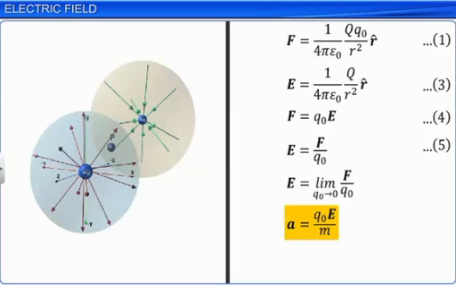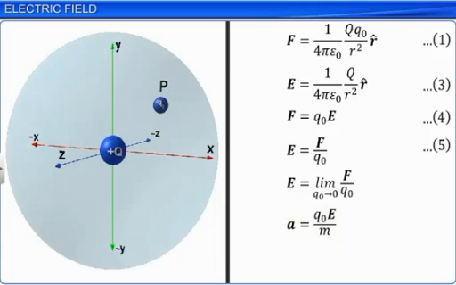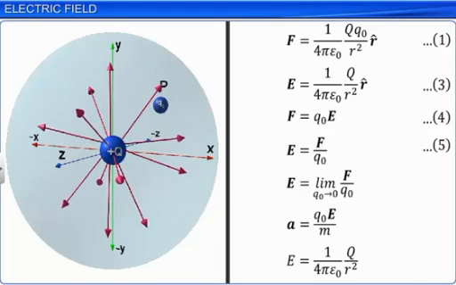For a charge q, at all points on an imaginary sphere of radius r around it, the electric field strength will be equal in magnitude and will be equal to 1 by 4 pi epsilon naught q by r square. There is a spherical symmetry with respect to the magnitude of the electric field strength E in the electric field of charge q.